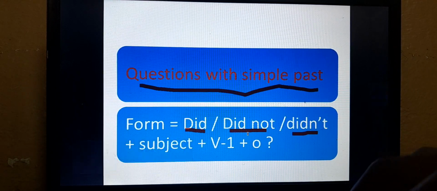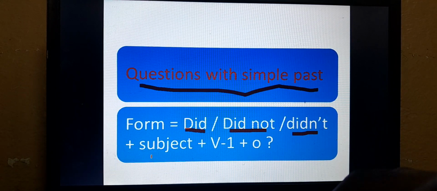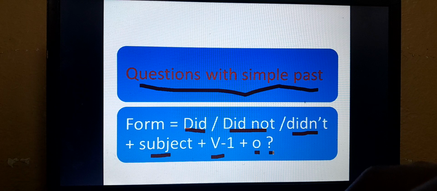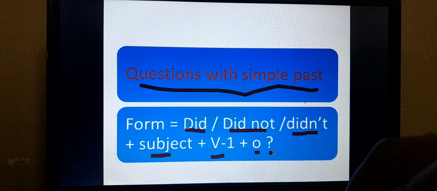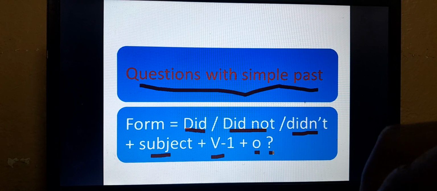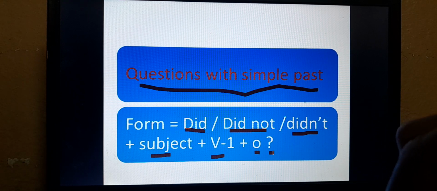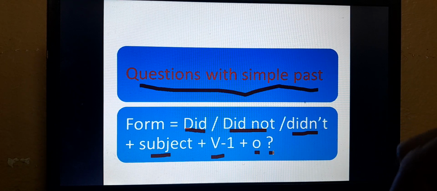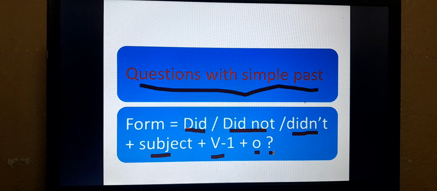So subject plus verb 1 plus object, then lastly a punctuation mark, which is called a question mark. This is the correct ingredient that we should use in order to make ideas related to simple past that are questions.